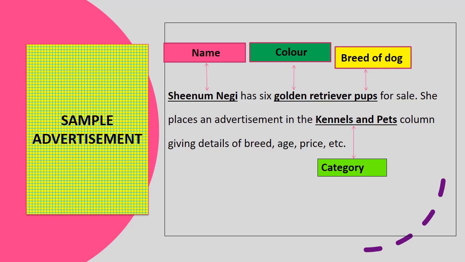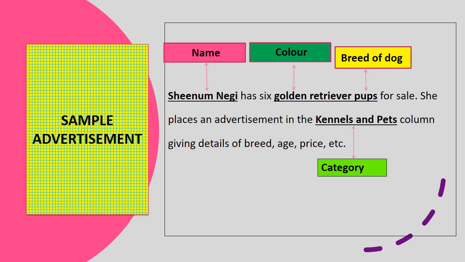Now let us see what points are provided in the question. Sheenam Negi, so name of the person who is writing the advertisement is given, has 6 golden retriever pups. Color is golden. Breed of dog, golden retriever pups.